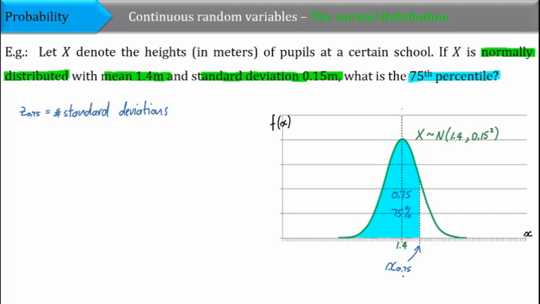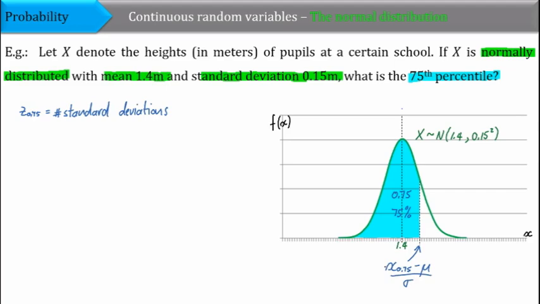I'm not going to use the notation P subscript 75, I want to use the notation X subscript 0.75, because this means that I'm calculating the X value for 75%, and the X value will be the one that is measured in meters. Remember Z just tells us how many standard deviations, but X is actually the measurement in meters.